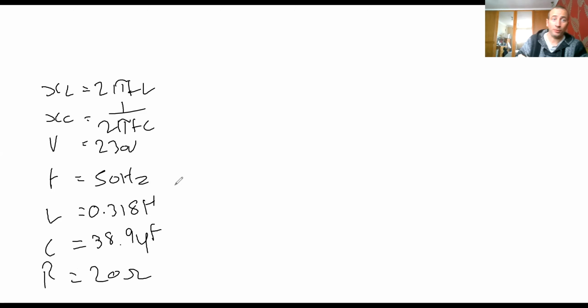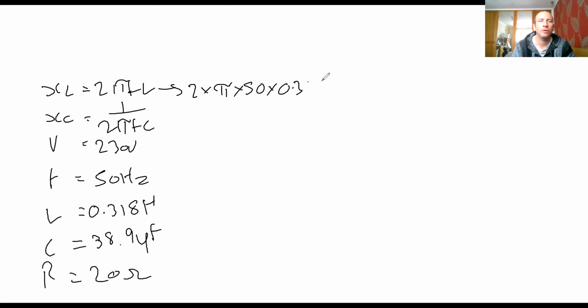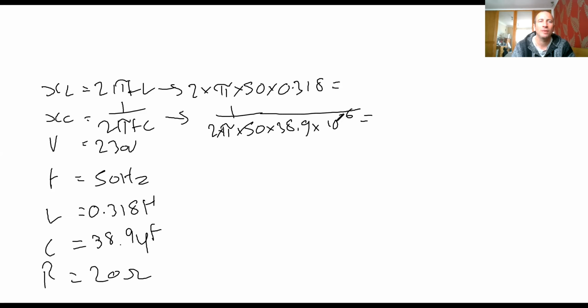Right, so we can go from here once we've got all this down. First of all, we're going to calculate this one: 2 times pi times 50 hertz times 0.318. This one is going to be 1 over 2 pi times 50 again times 38.9, and it's micro, so times 10 to the minus 6.